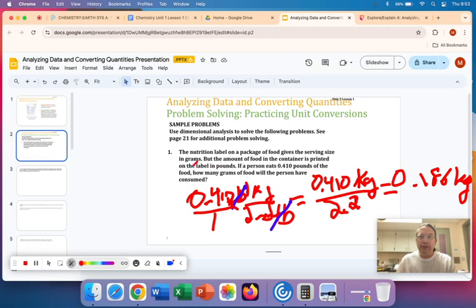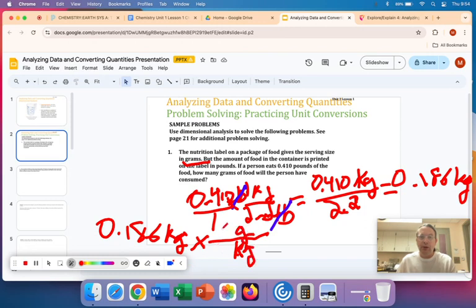Now, since they asked me how many grams that is, I have to do another step. So starting with 0.186, I have to relate that kilograms on the denominator, so those units can cancel, to grams.